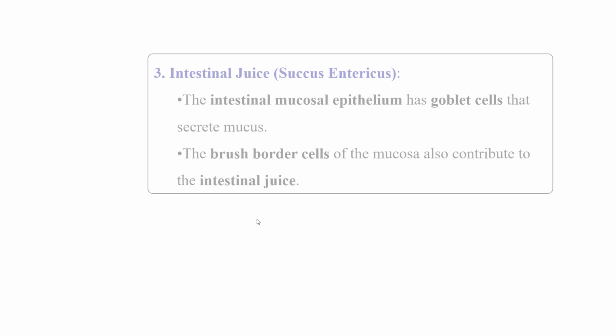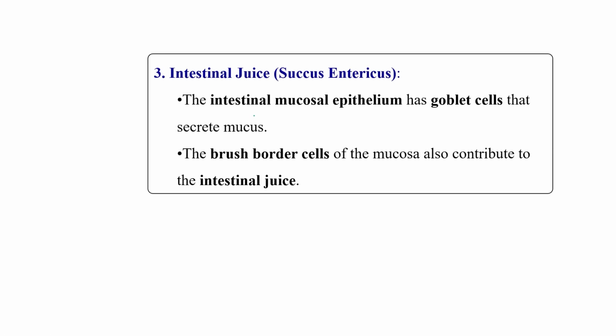Now, in the intestinal juice, succus entericus, the intestinal mucosal epithelium contains goblet cells which secrete mucus, and brush-bordered cells of the mucosa which contribute to the intestinal juice.